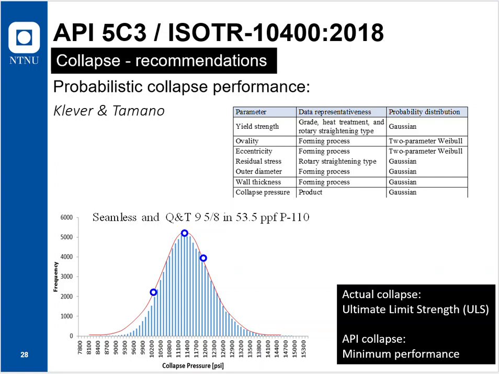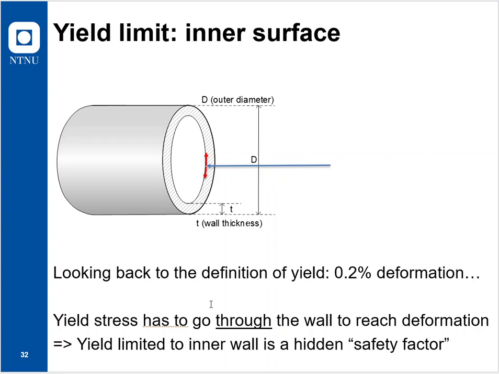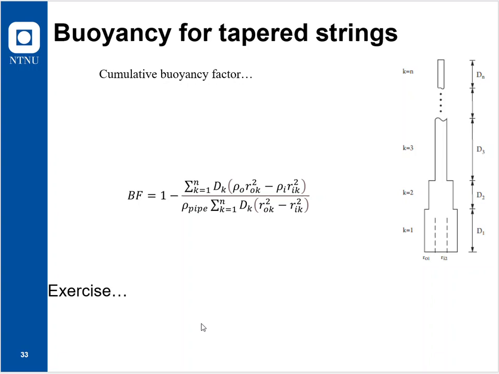Okay, so that's clear. So the Barlow formula is the one that is being debated as to whether it is really accurate enough.